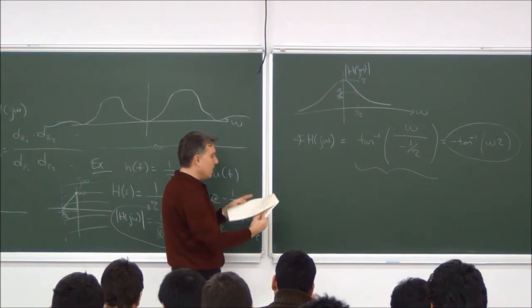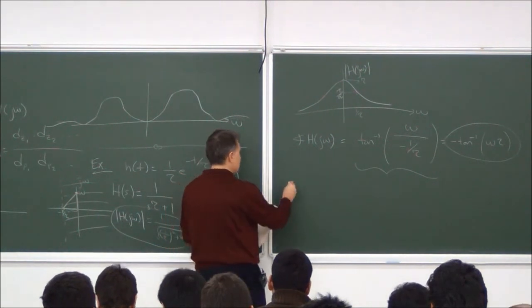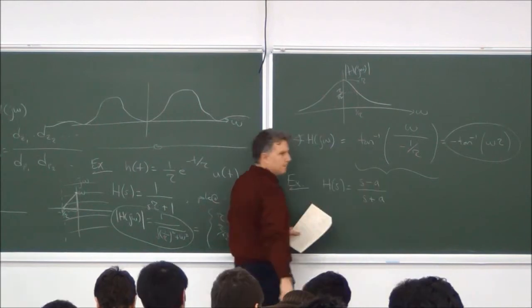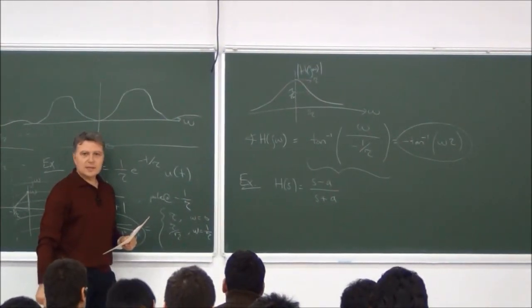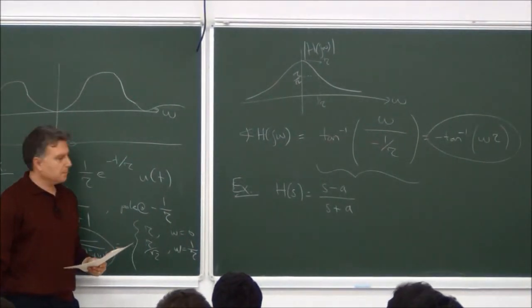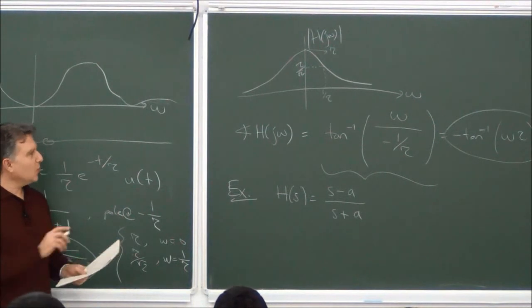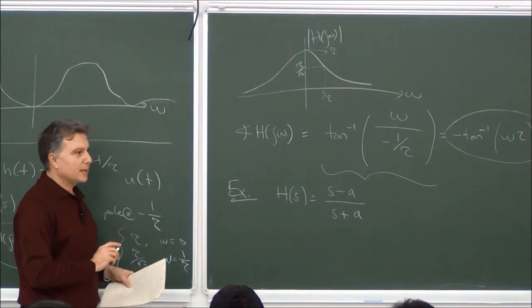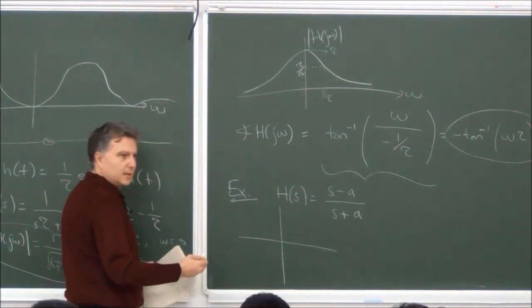Now, in one of the previous years, I have asked this as an exam question, because that's an S. So this is a one pole, one zero system. But the question is, what does absolute value or magnitude of h of j omega look like here? Let's plot the S-plane pattern.